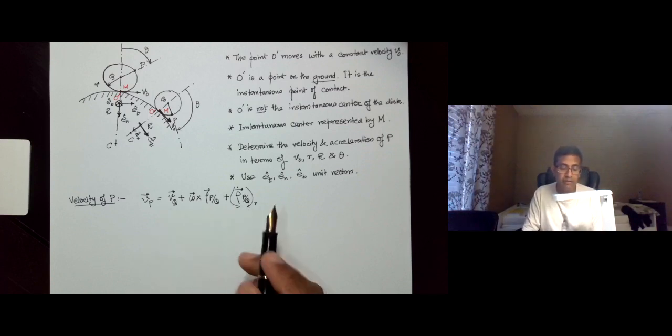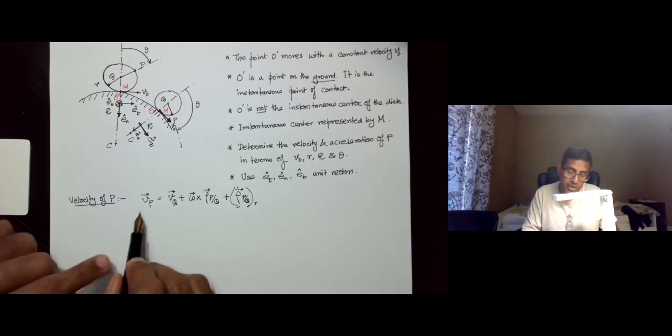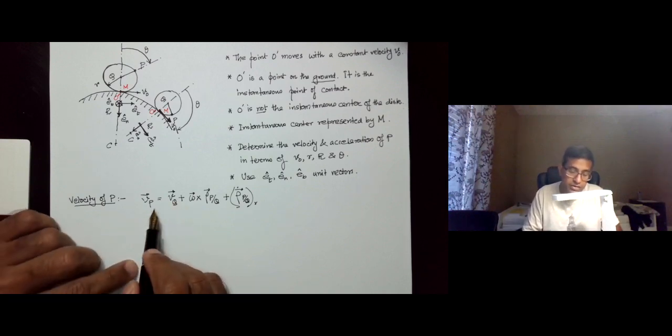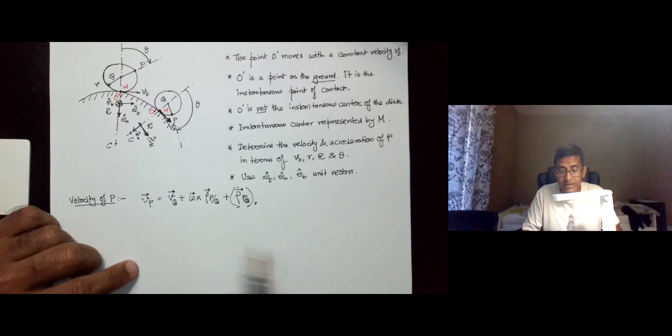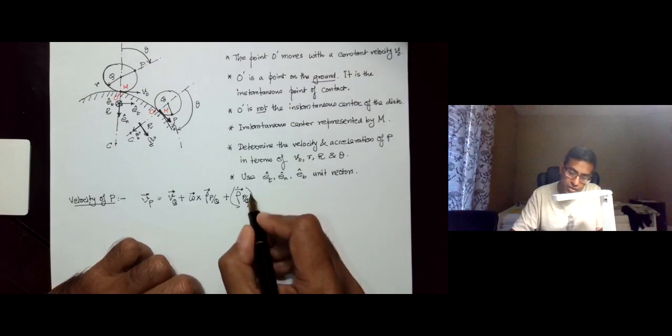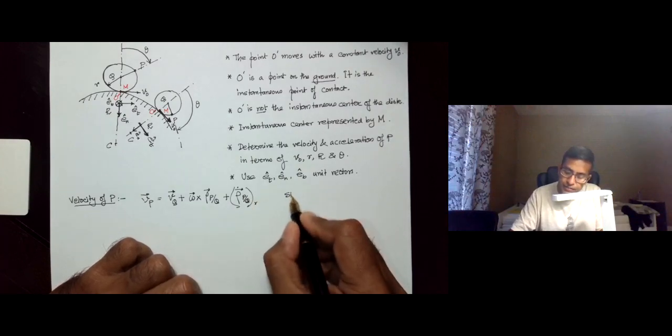Now here, the rotating frame of reference, since P and Q are on the same point, P and Q are on the same disk, on the same rigid body. So therefore we are already assuming that our rotating frame is fixed to the disk itself.